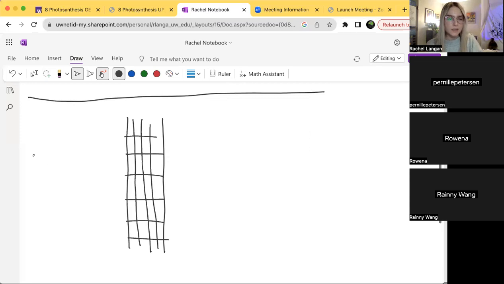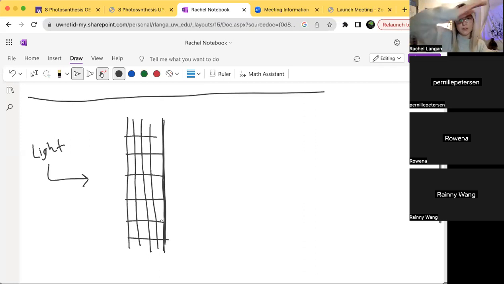And there is light coming in from the left. So what cells do we want to elongate? The right side cells, right? If these cells on the right side elongate, then the plant is going to move towards the light. So how is that accomplished?